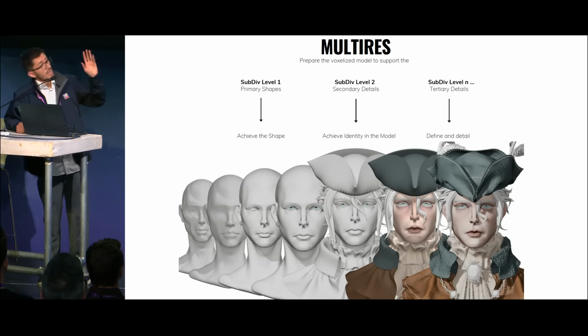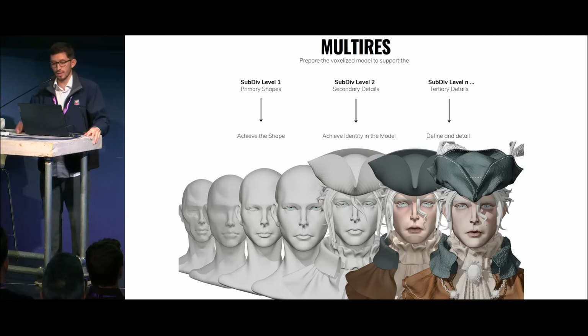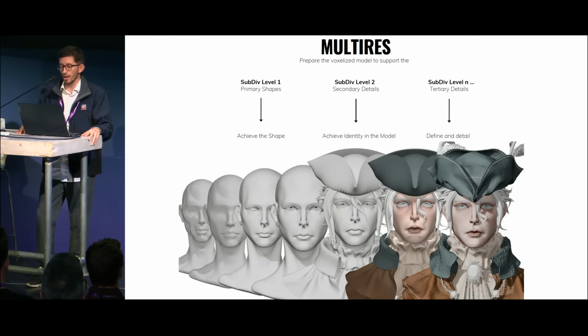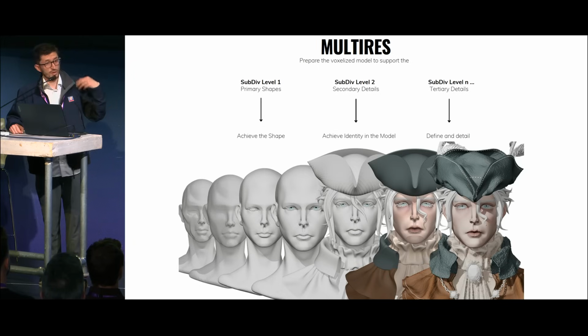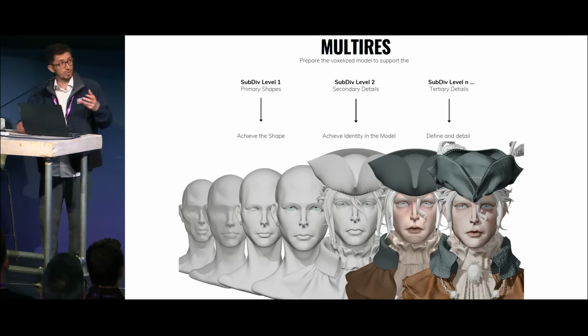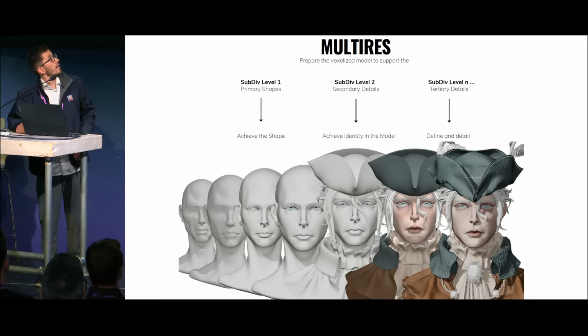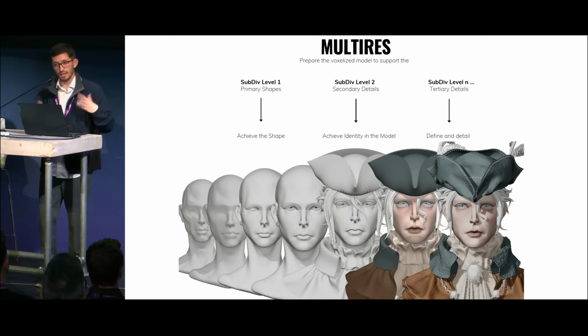And I'm saying there, use subdiv level 1 for getting the main shapes, but of course, that's just a number to represent that the process is incremental depending on the level of detail that you got there. So the more levels you got, the more detail is expected in your model. With the next subdivision levels, you can use that amount of resolution to achieve identity on your model.